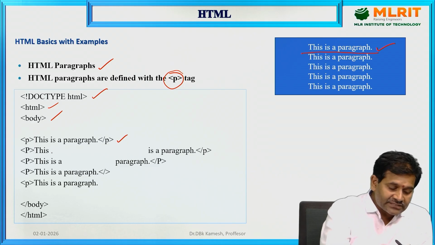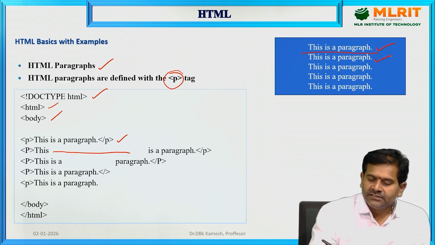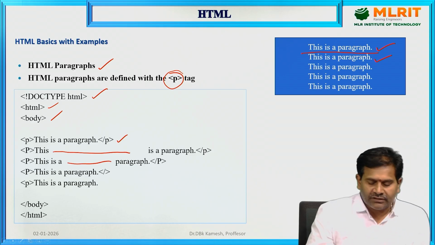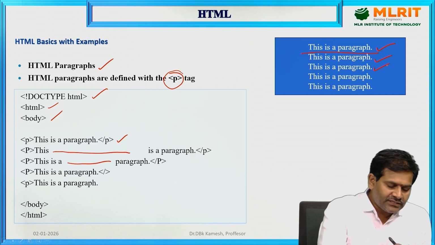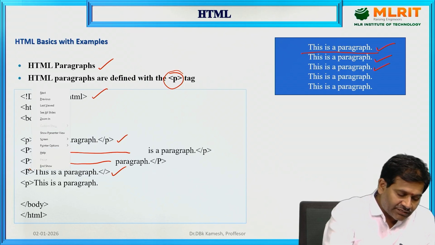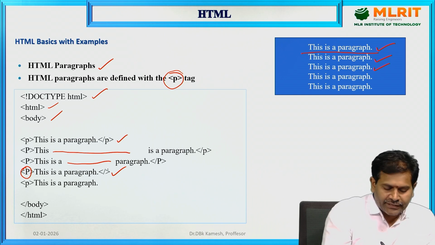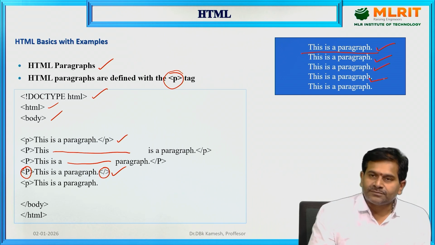Second, we have given some space inside this paragraph, but again we set, this is a paragraph. Next one has only some space, and it shows as, this is a paragraph. This is a paragraph without the end tag, only a slash. The tag is given here, but the end tag slash is given, so automatically it will set this one, meaning slash p.